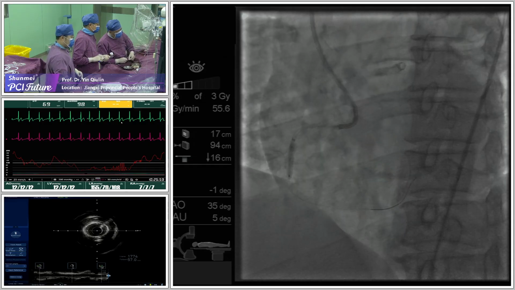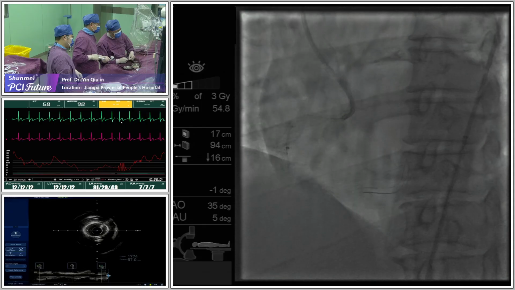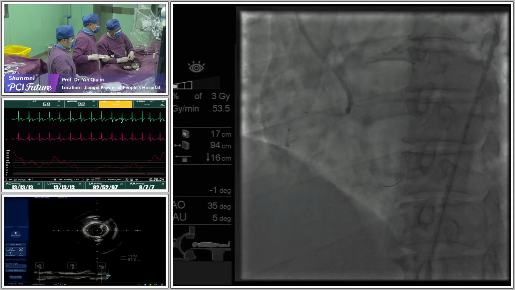For this case, maybe the retrograde is, to our surprise, simple.